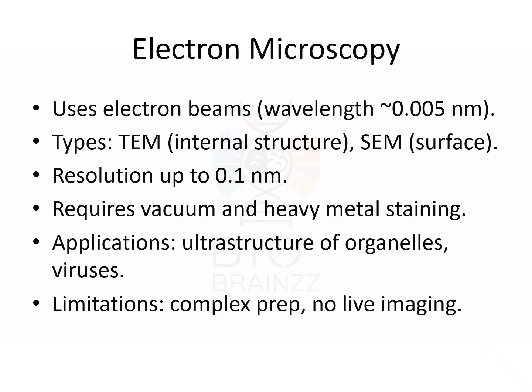There are two main types: TEM, which shows internal structure, and SEM, which shows surface structure. This technique is used to study organelles, viruses, and ultrastructure. However, it requires vacuum conditions and complex sample preparation, and we cannot observe living cells in this method.